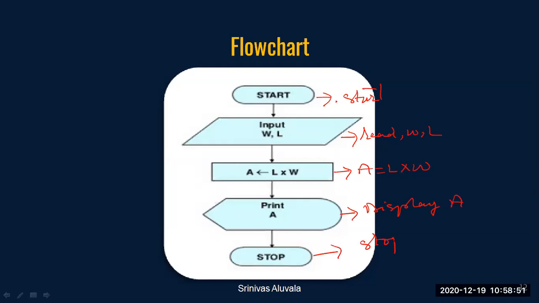The same algorithm is represented over here with some symbols: a terminal, an input output box, a process box, an output box, and then we have a terminal here. And this is how a flow chart represents the algorithm in a graphical way; this is called a flow chart.